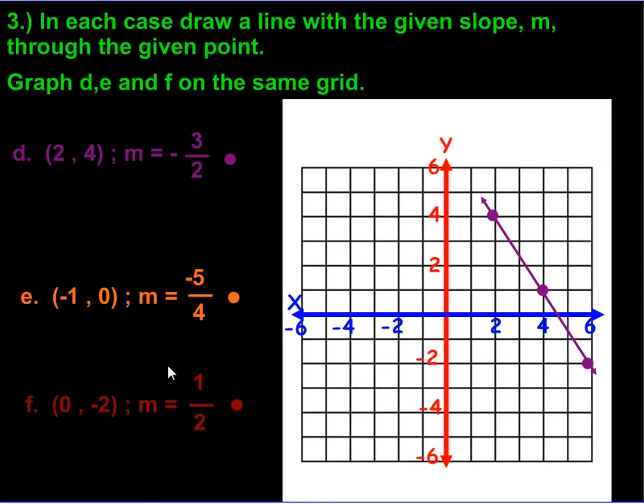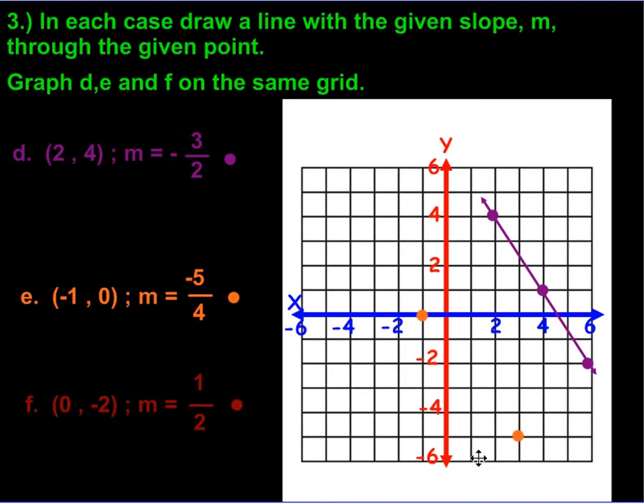Okay, now let's go to E. We have negative 1 and we have 0. So come back to 0, 0. We have negative 1 and we have 0. So we're going to stay right there for our first point. And then we are going 5 down and 4 to the right. So let's go 1, 2, 3, 4, 5 down and 1, 2, 3, 4 to the right.